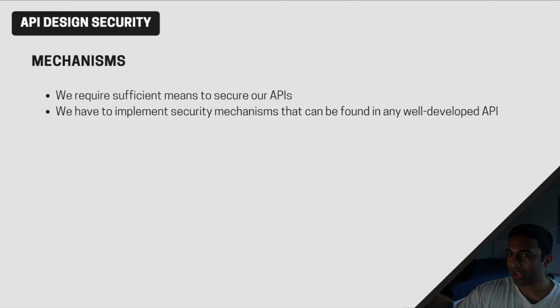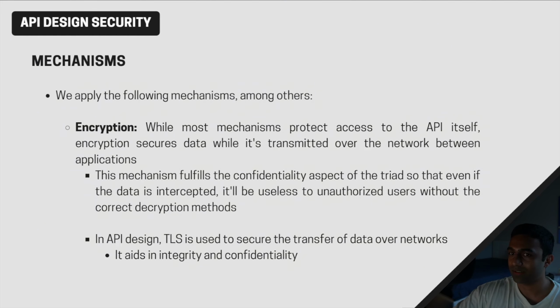So let's talk about mechanisms. We require sufficient means to secure our APIs. We have to implement security mechanisms that can be found in any well-developed API. We apply the following mechanisms amongst others, so the first one being encryption. While most mechanisms protect access to the API itself, encryption secures data while it's transmitted over the network between applications.